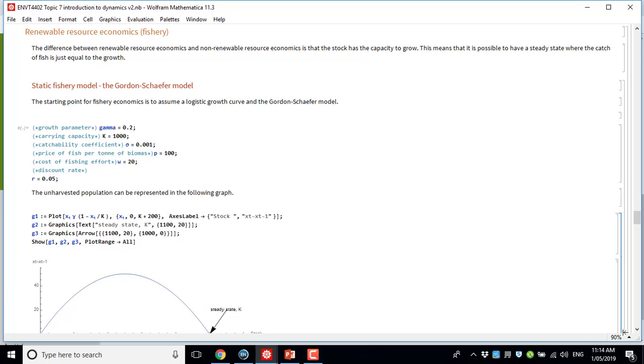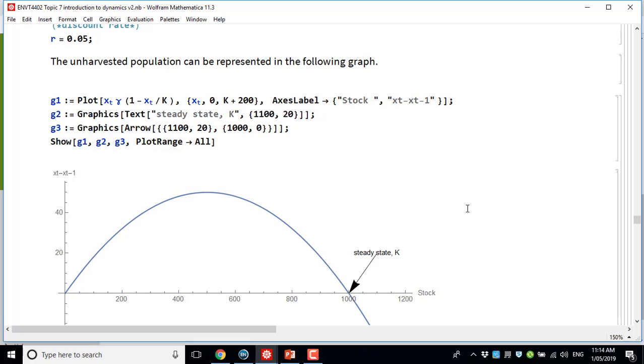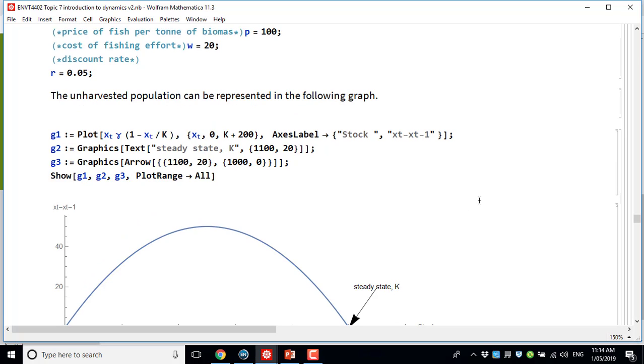And then here we start to look at fisheries economics. So we're going to look at fisheries economics in discrete time.